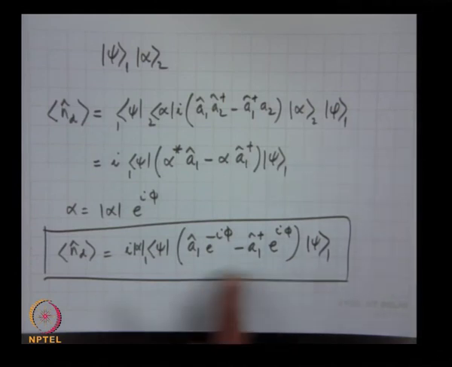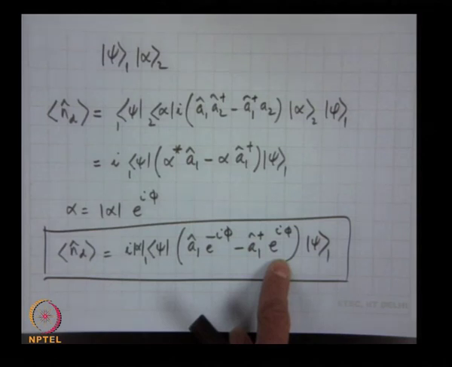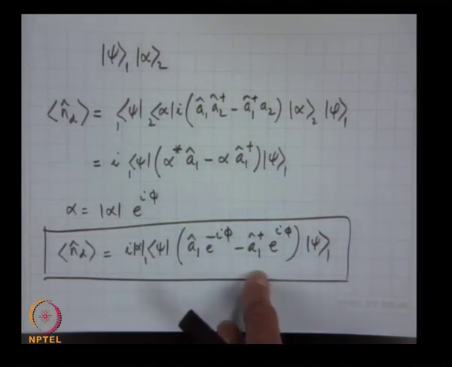Now you see, if you choose phi equal to pi by 2, this becomes expectation value of A1 plus A1 dagger, and that is proportional to X operator. If I choose phi equal to 0, this will become A1 minus A1 dagger, and this will be proportional to expectation value of Y operator.